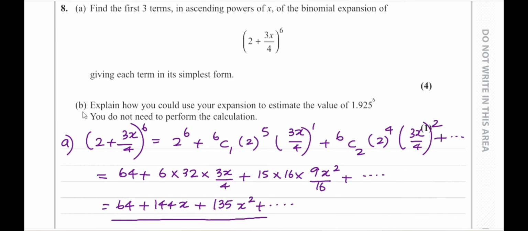Part B. Explain how you could use your expansion to estimate the value of 1.925 to the power of 6. You do not need to perform the calculation. Since both these are to the power of 6, we'll put them equal to each other and solve for x.